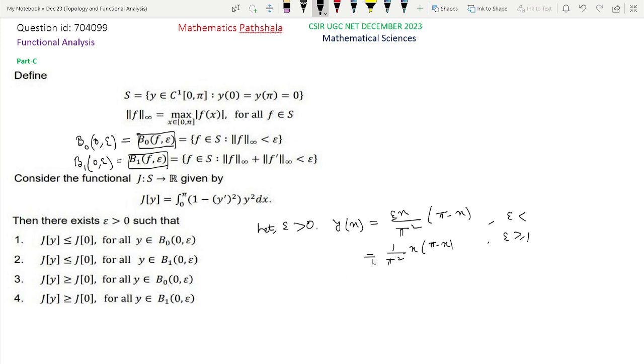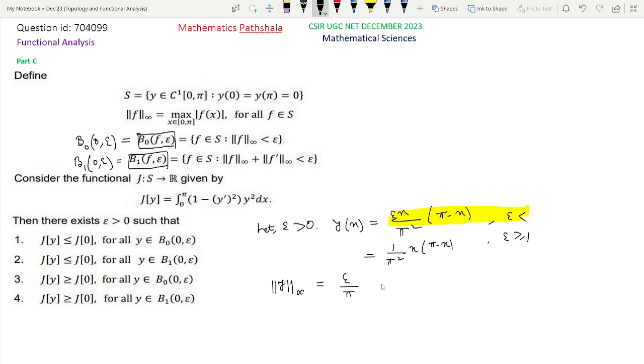So now we verify for epsilon less than 1, the other case will be in exactly similar manner. Then clearly the infinity norm of y will be equal to, just simply, epsilon by 4. Just take y dash x equal to 0 and find all such x where y attains maximum.